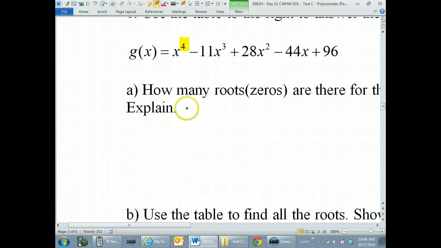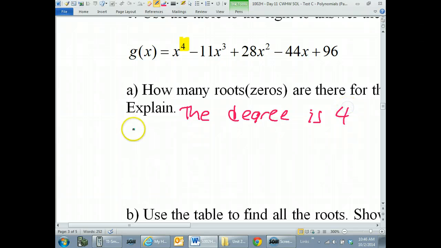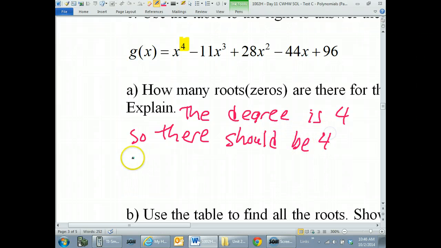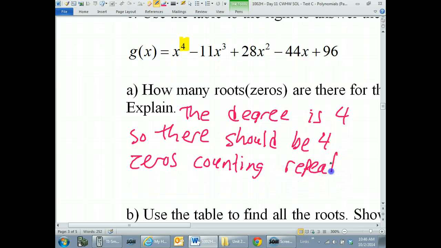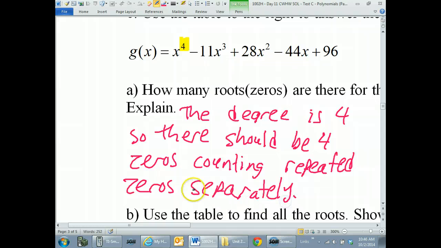So we'll just say that the degree is 4, so there should be 4 zeros, counting repeated zeros separately. Okay, there's your explanation.